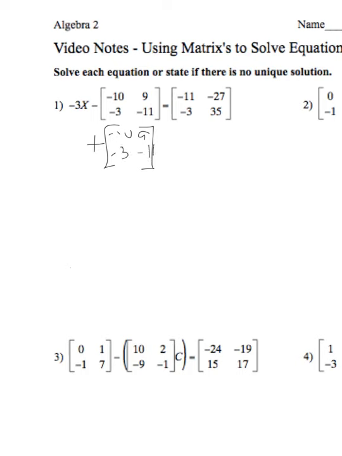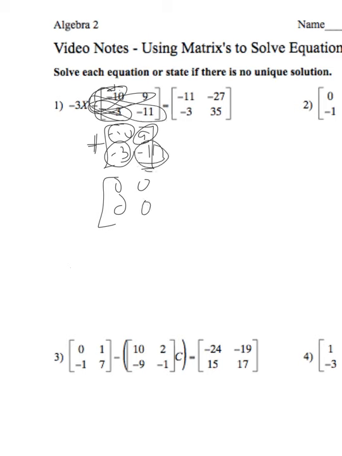Because now, maybe I should have distributed that negative in there, but this is a positive 10 plus negative 10, 0. This is a negative 9 plus a positive 9, 0. This is a positive 3 plus a negative 3, 0. This is a positive 11 plus a negative 11, 0. This matrix and this matrix add up to 0. It's the additive identity.